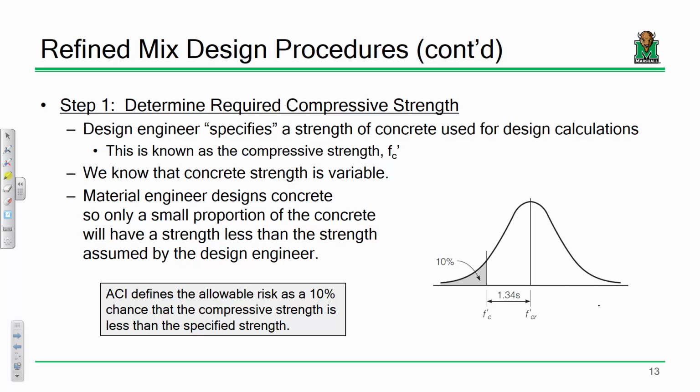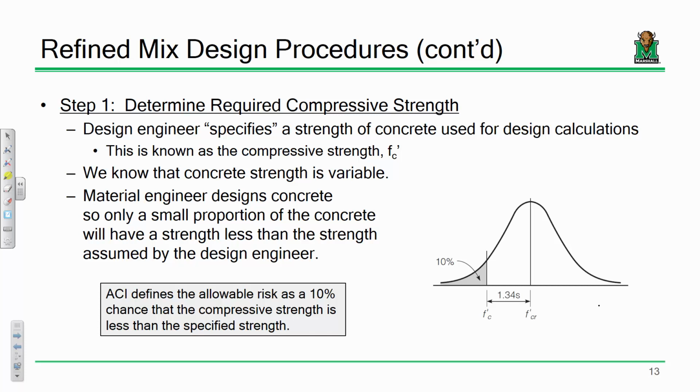If we assume a normal distribution of scatter of cylinder test data, ACI, the American Concrete Institute, specifies a lot of the provisions that we use for structural applications in concrete. They define the allowable risk as a 10% chance that the compressive strength of a given mix is less than what's specified.